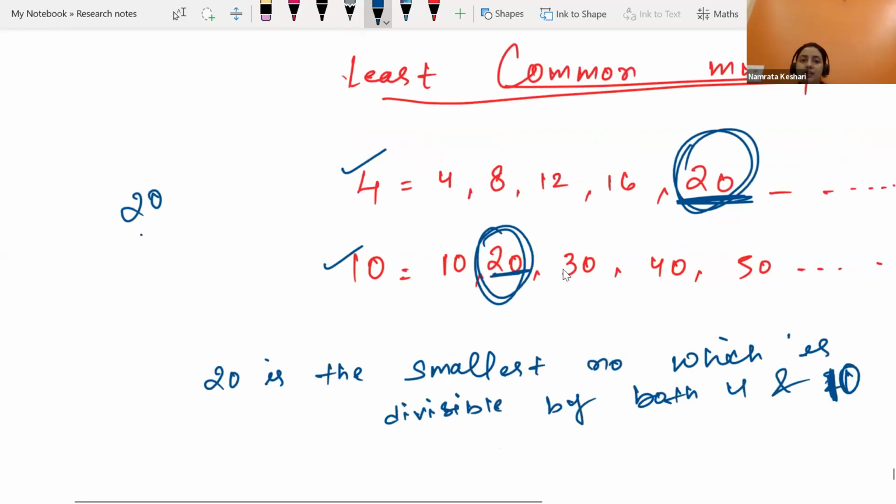This statement is correct, right? Okay. So we have to find the LCM for the second scenario, the second question.